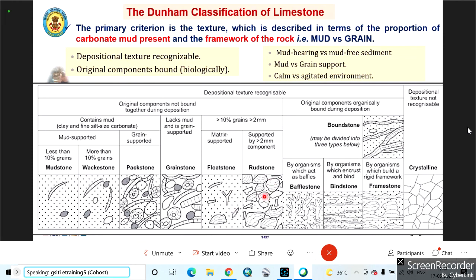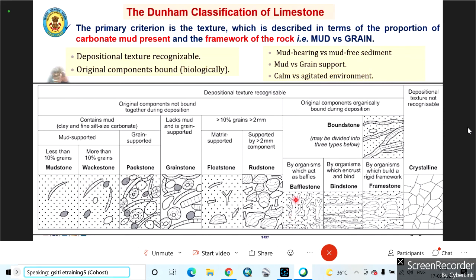So here you see when the original components are organically bound during the deposition, that is collectively termed as boundstone. But when there is a differential structure, if there is a baffle or this kind of branch structure moving in one particular direction, that will be termed as a bafflestone.